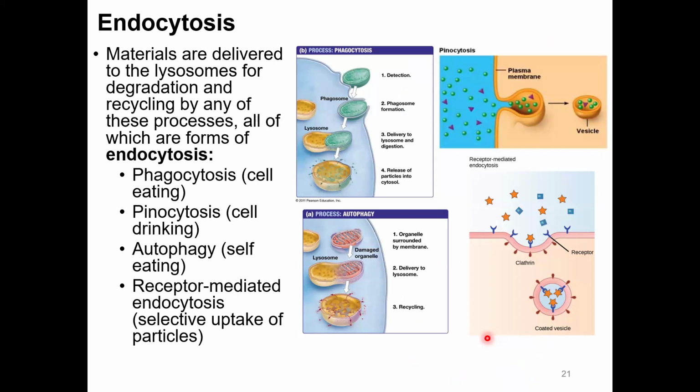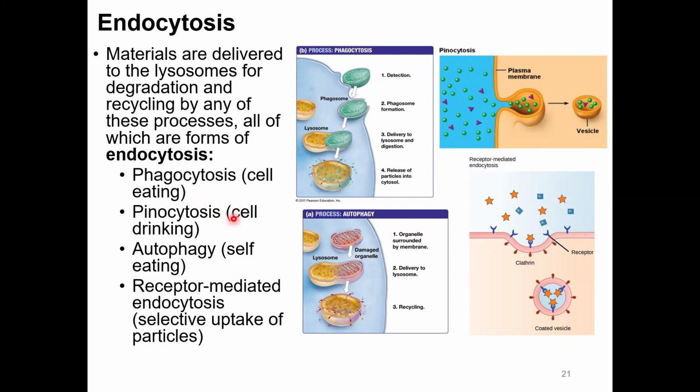Now there is a part called endocytosis. This is a way to bring materials into the cell. The materials are delivered to lysosomes for degradation and recycling. Some forms of endocytosis are called phagocytosis, which means cell eating.